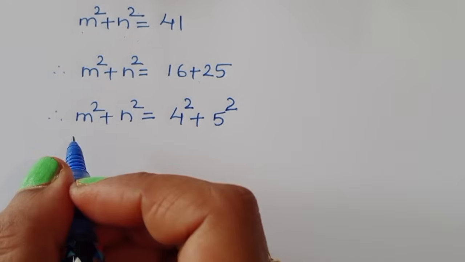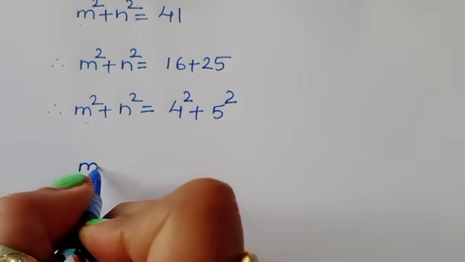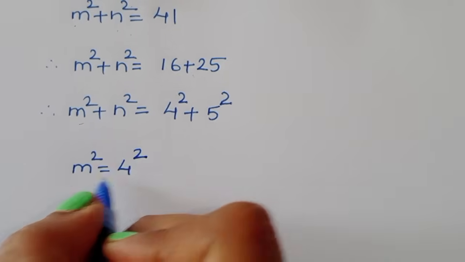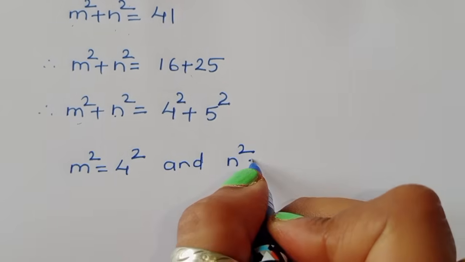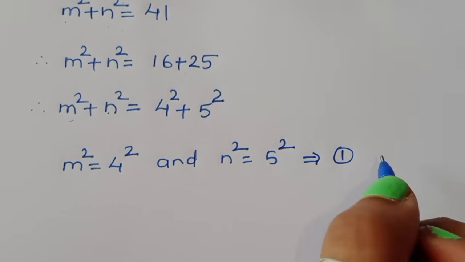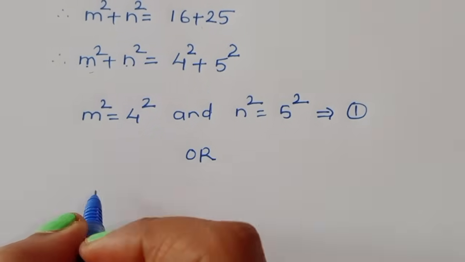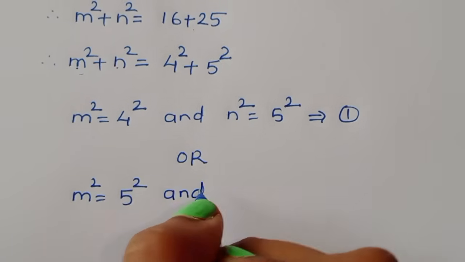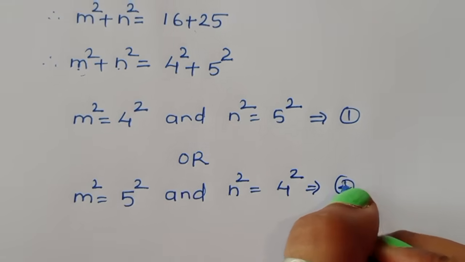Now, comparing LHS and RHS, m square is equal to 4 square and n square is equal to 5 square. This is equation 1. Or in the second condition, m square is equal to 5 square and n square is equal to 4 square, which is vice versa.